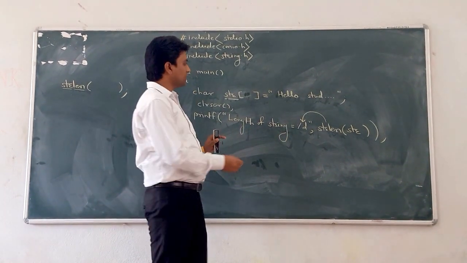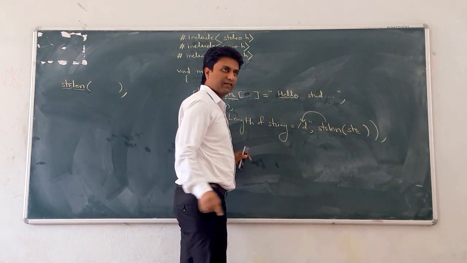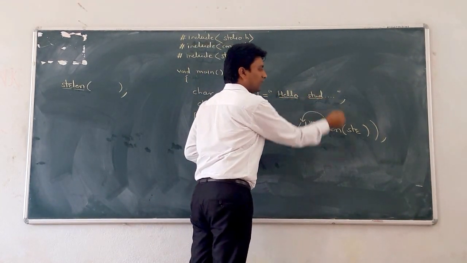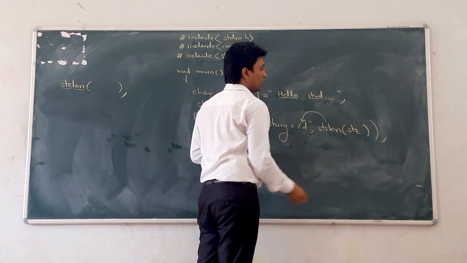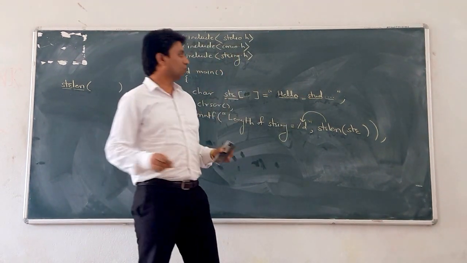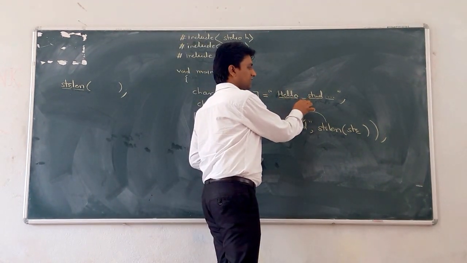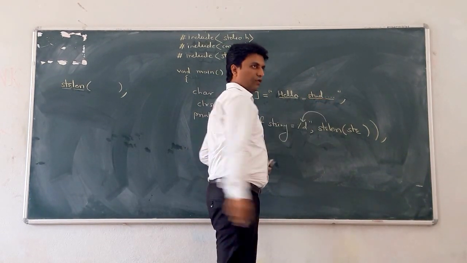Clear? So what is the length of the string? Hello is 5 characters, then stud is 4 characters, the 4 dots mean 4, and this is one space, which is also a character. So total 5 plus 1 is 6, 6 plus 4 is 10, and 4 more is 14.